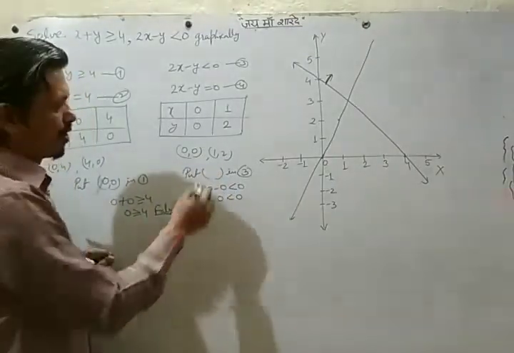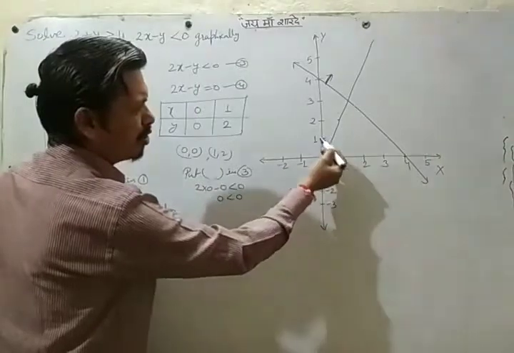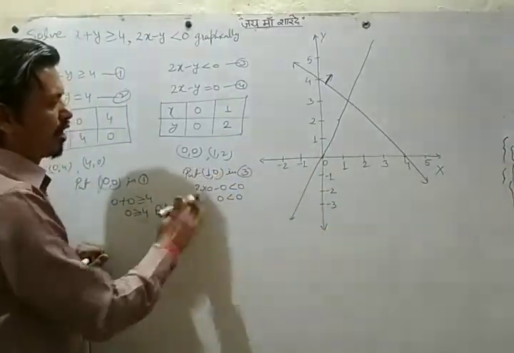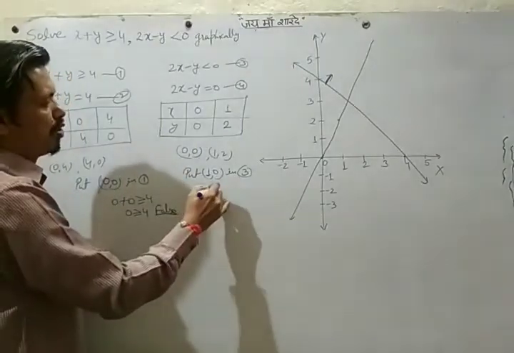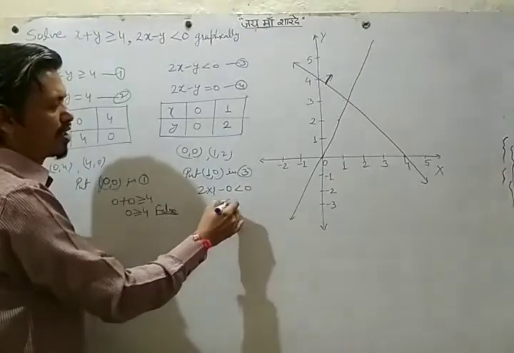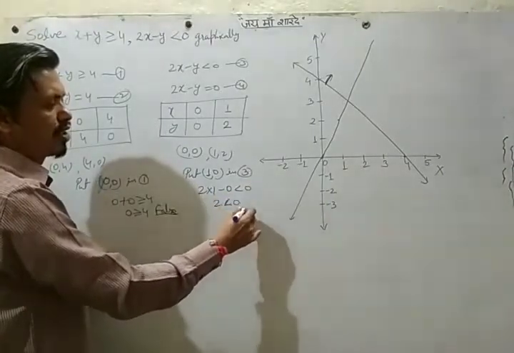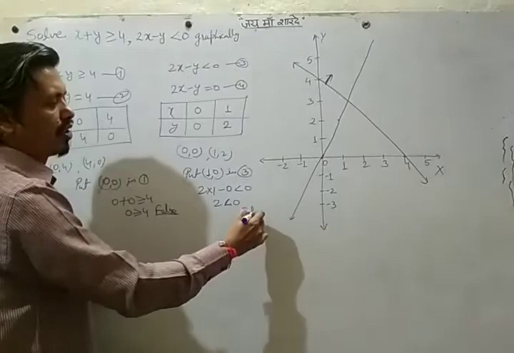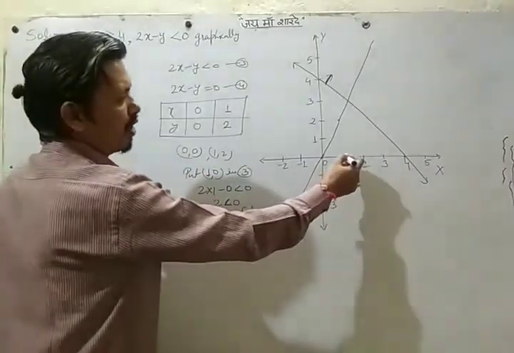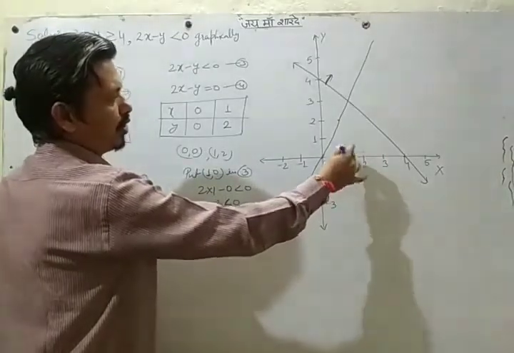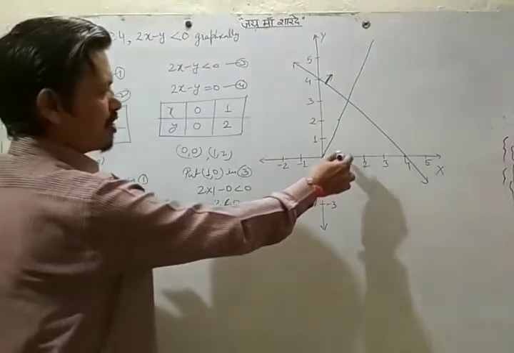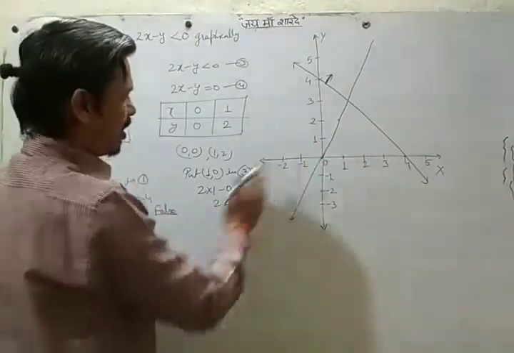Maybe (1, 0) or (0, 1), any point you can take. If you take (1, 0), then 2 into 1 minus 0 is less than 0. So you get 2 less than 0, which is false. So where is (1, 0)? x 1, y 0. This is (1, 0).